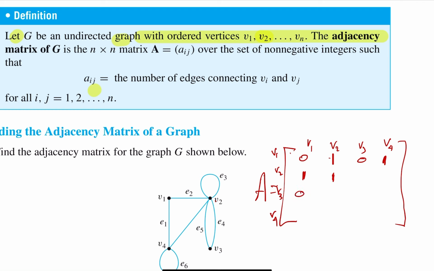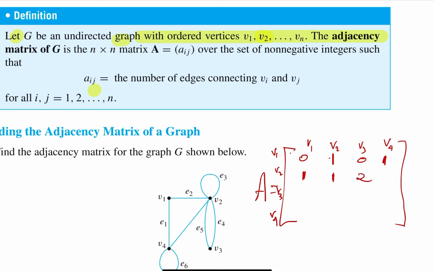At V3 to V2 we have 2. Let me keep going here. I think I missed something. At V2, V1, we have 1. V2 to V2, yes, we have 1 loop. But now V2 to V3, we have 2, okay.